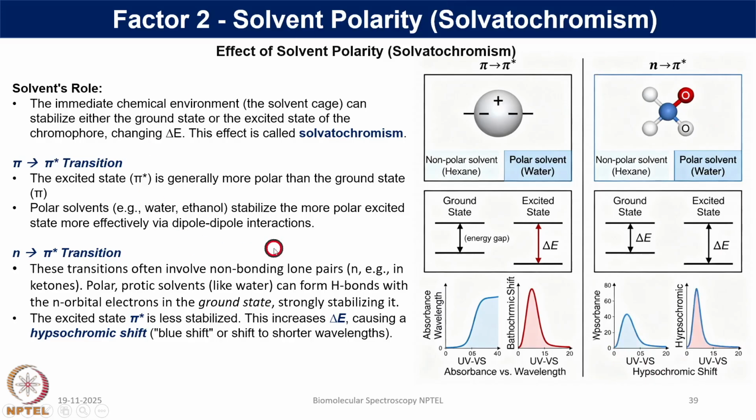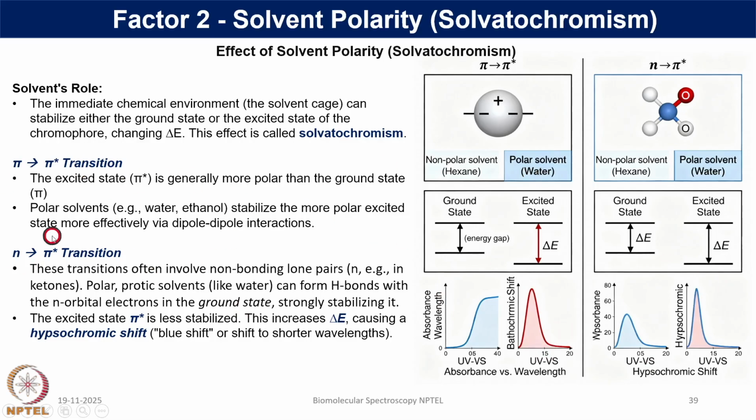The excited state pi star is generally more polar than the ground state, and a polar solvent like water or ethanol stabilizes the more polar excited state by dipole interaction. If this is separated more, delta E has increased, h nu increases, lambda decreases. That is the hypsochromic shift.